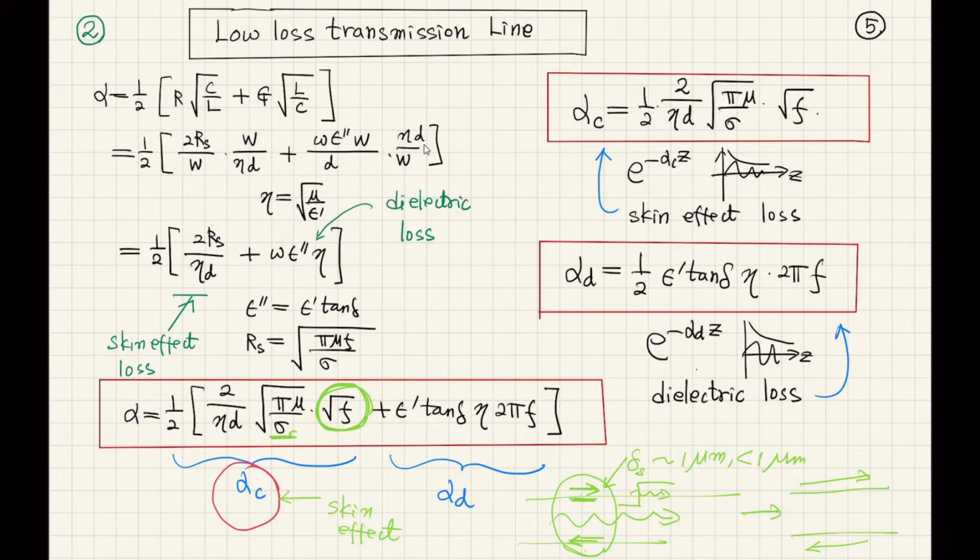If you have a metal with higher conductivity, you're going to have a smaller attenuation constant. For example, assume you have a superconducting material with infinite conductivity. You're going to have zero attenuation constant.